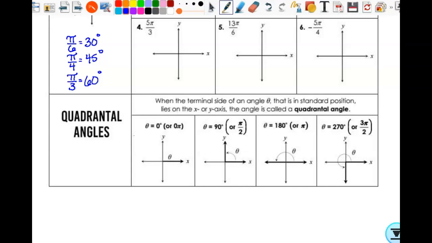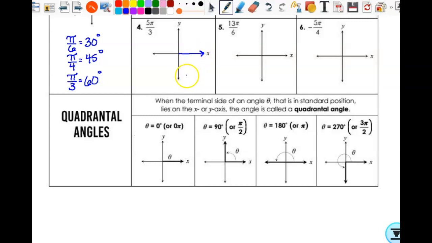All right, so let's graph this 5 pi thirds and find its reference angle. I start here. We think in terms of thirds, right? So I'm going to go here. This is pi, so this is 3 pi thirds. All the way around is 6 pi thirds. So what do I need to do? Back up one, right? I back up pi thirds.